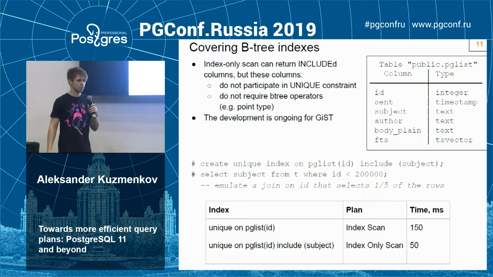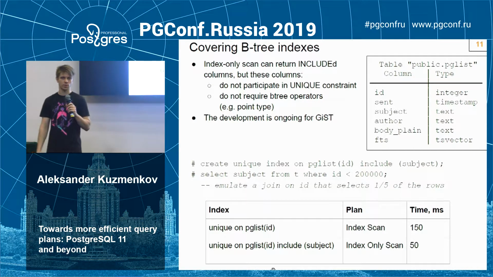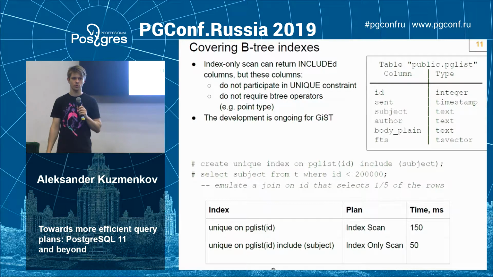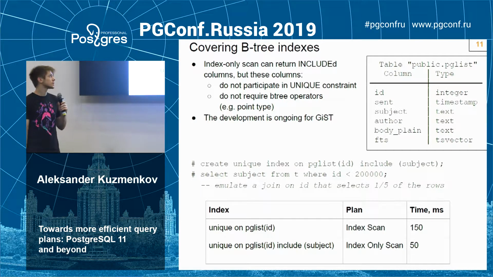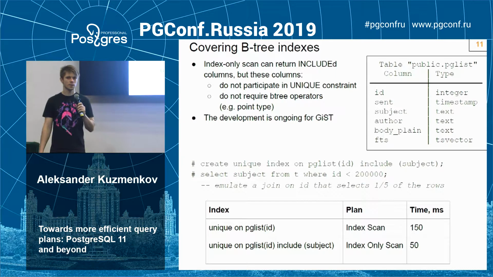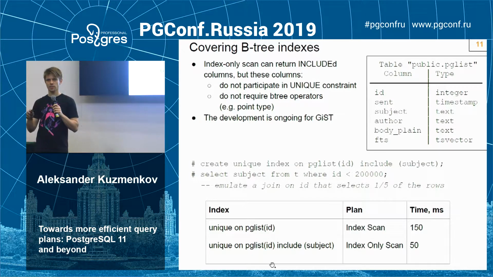Are there any ways to use this index-only scan more often? Because it really helps to save input and output. In version 11 we have a nice feature, covering B-tree indexes. This is a B-tree index where the index may contain not only the key columns but also additional columns.